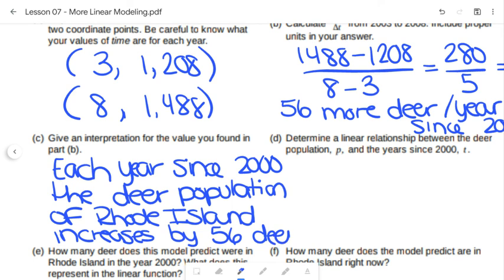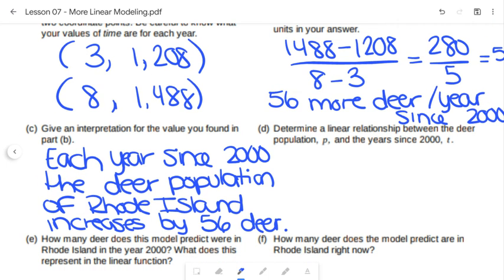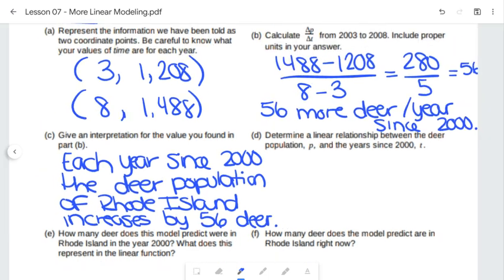And you can say 56 deer if you'd like. But each year since 2000, the deer population of Rhode Island increases by 56 deer. So we're just careful to include the context in that as we go.